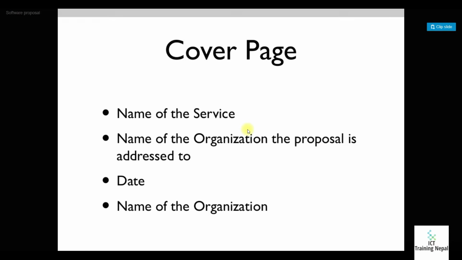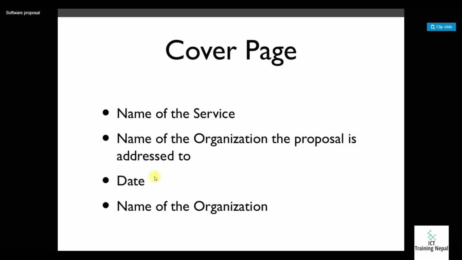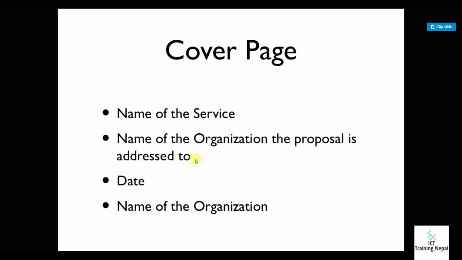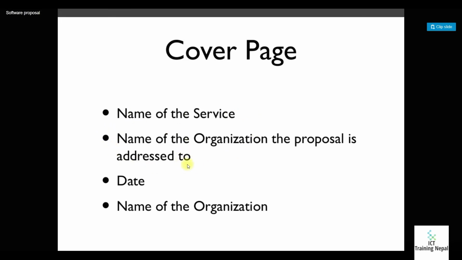After that, the name of the organization the proposal is addressed to, meaning which organization you are going to give the proposal to. If you are company A and you are giving the proposal to company B, then you have to address company B, the company you are giving the proposal to.